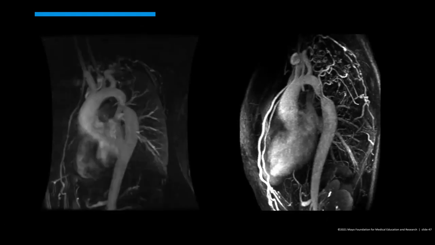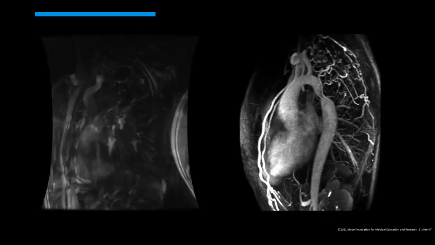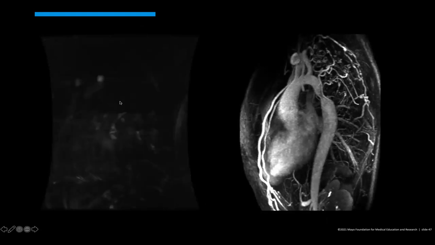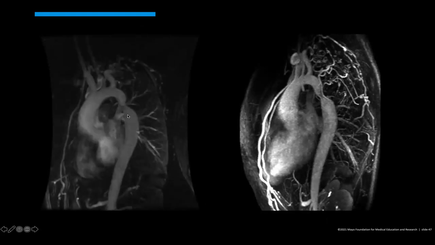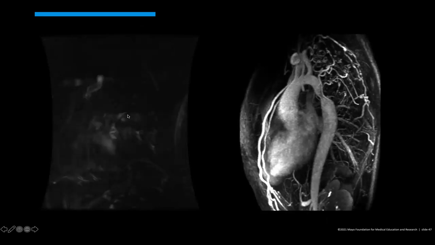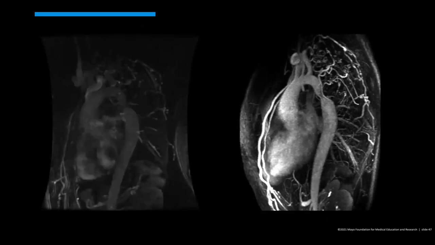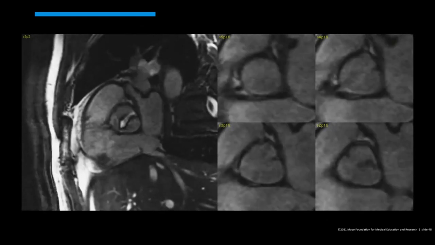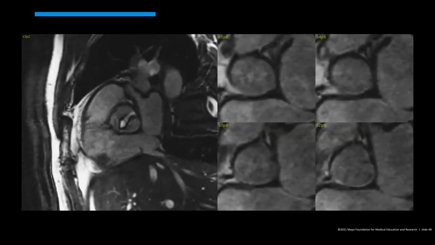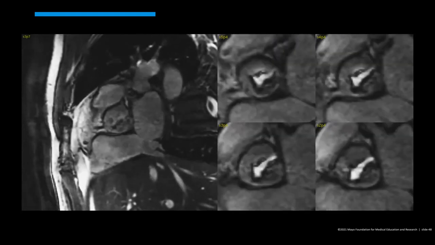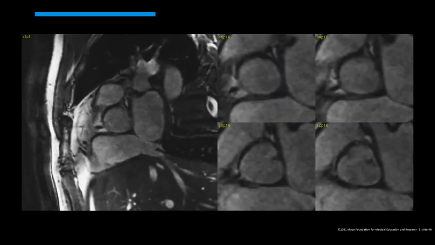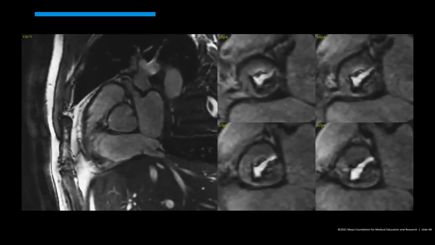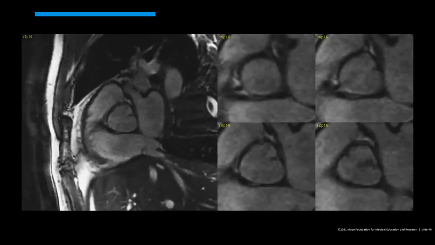Nowadays, they might be able to fix this with a stent, or they could do it open with a resection and then put a little graft in there to fix it. When you see aortic coarctation, it's important to think about bicuspid aortic valve. There's a very high association between bicuspid aortic valve and aortic coarctation.